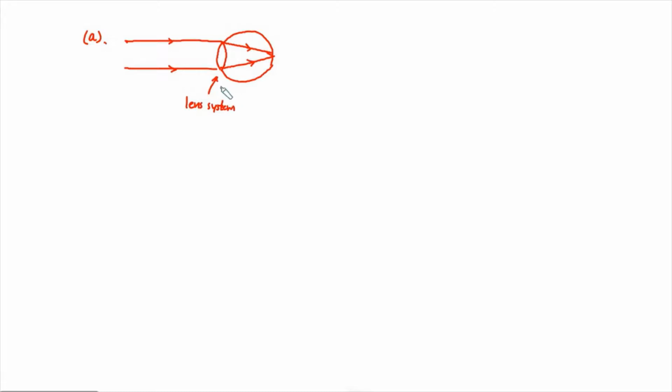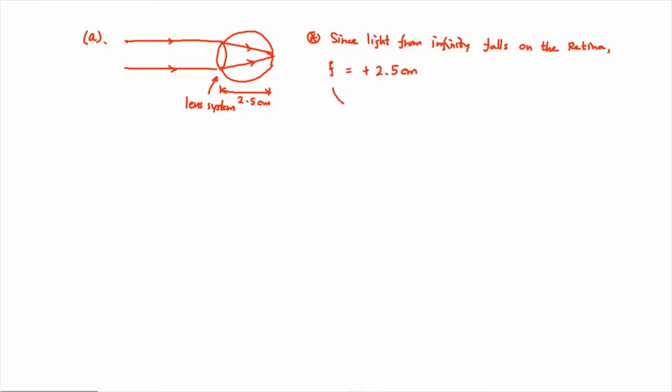So that means this distance, since this distance is given as 2.5 centimeters, that's going to be the focal length of the composite lens system. Since light from infinity falls on the retina, we can say that the focal length of the system is equal to plus 2.5 centimeters. So this is the focal length of the system.